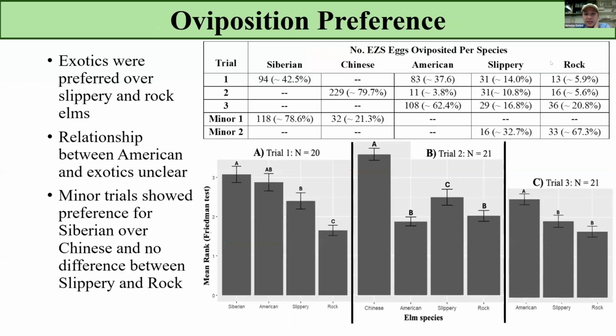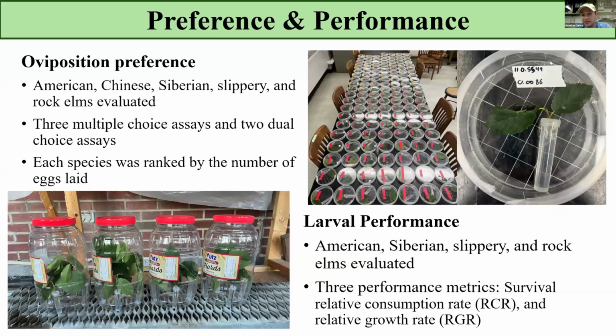As far as the results of last summer, the exotic elms definitely seem to be preferred over slippery and rock, but it was a little unclear with American. In one case, they matched preference with American. In the other case, the other was preferred. So we are looking at this again this summer with a somewhat improved setup. I'm not sure if you noticed that we used pretzel containers last year. We decided to upgrade a little bit to dog food containers.